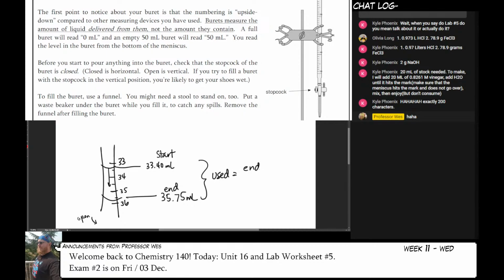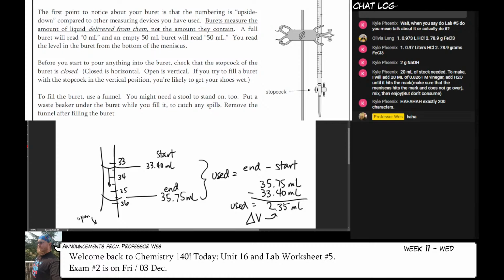Well, it's wherever you ended minus wherever you started, right? So that would be 35.75 in this case minus 33.40. And I would subtract them. Oops, I lost my decimal point there. And this is the amount that you would have used. This is registered in the lab report as delta V, or the change in volume in the burette.